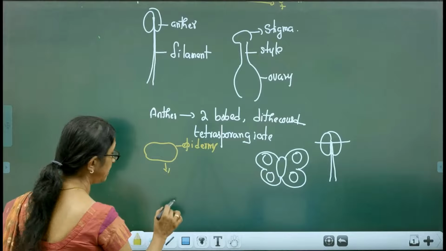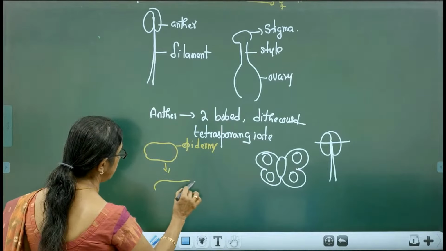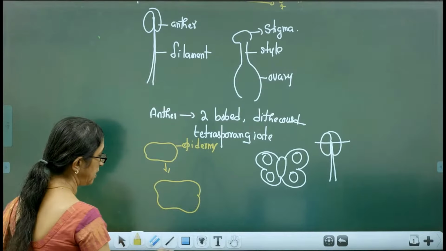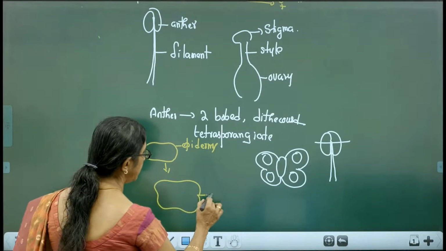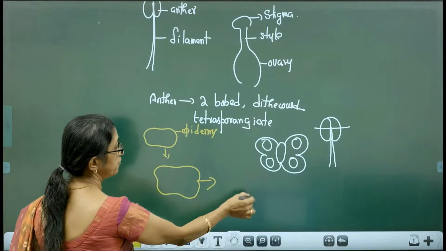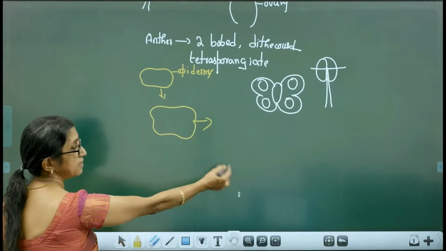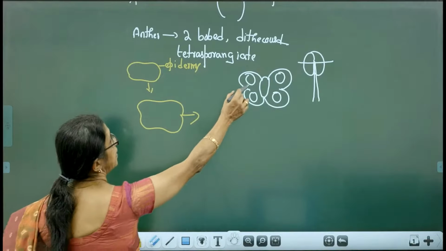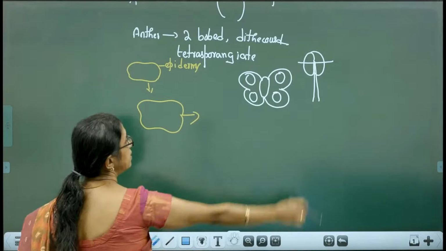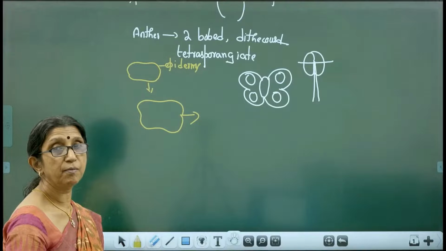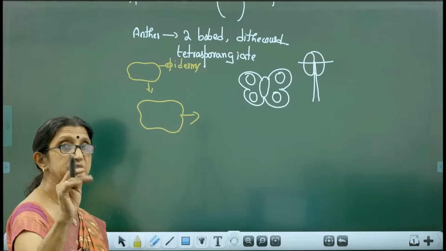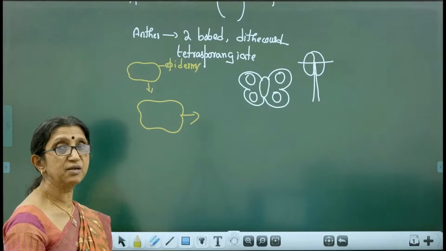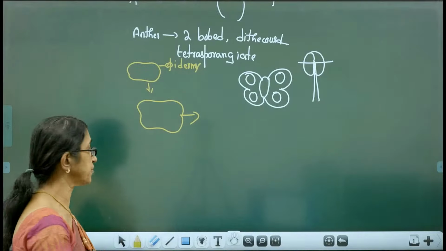Slowly, it becomes a four-lobed one. This is followed by the development of a typical anther. Finally it becomes a two-lobed one, each lobe having a single microsporangium. So together in a mature anther we can see 4 microsporangia.